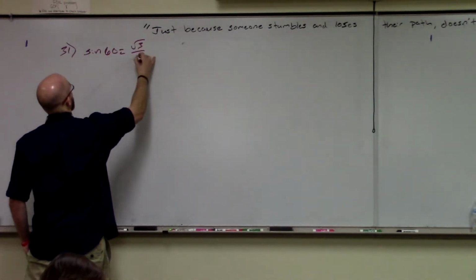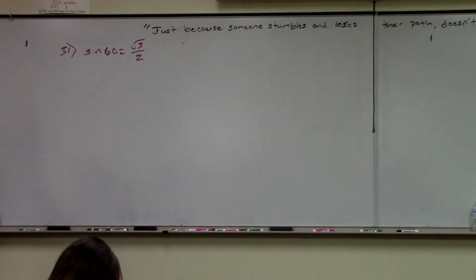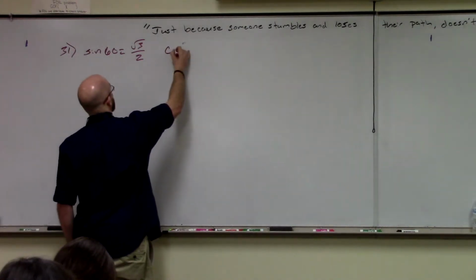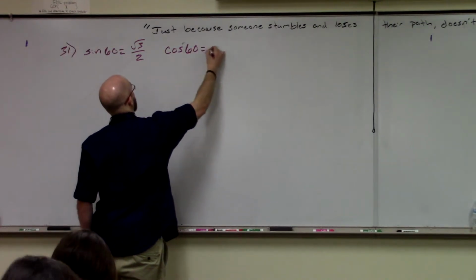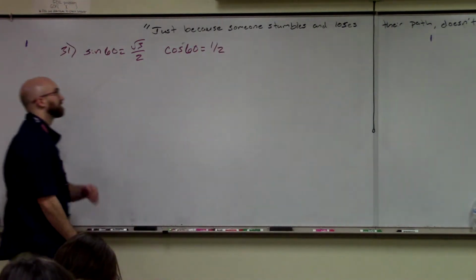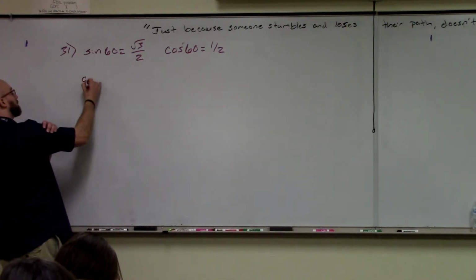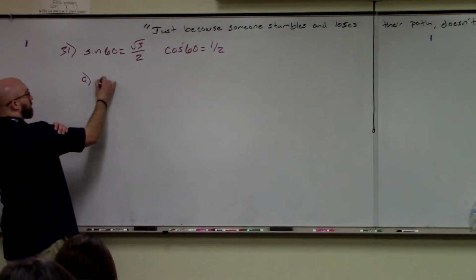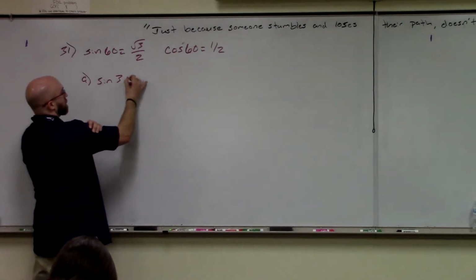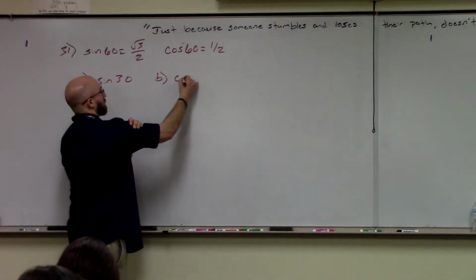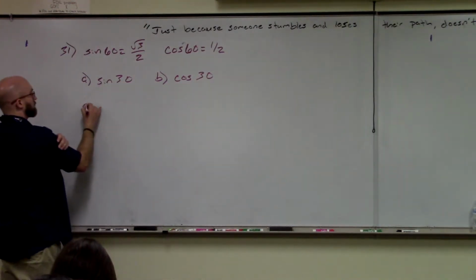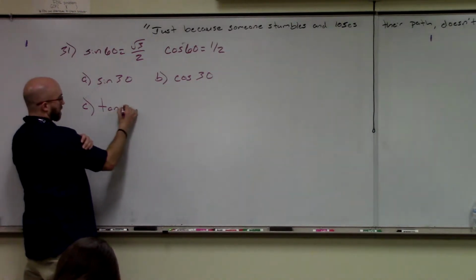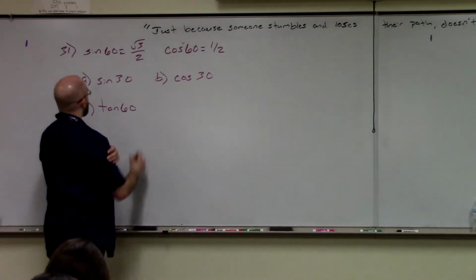It does give me cosine of 60 equals 1/2. We want to find A, which is what? B. Did you write down this part? Write this on the back. C. Everything that's on here. Write it smaller than I did though. And D.